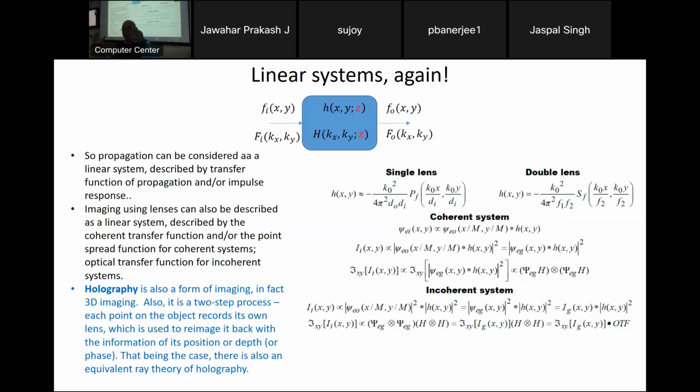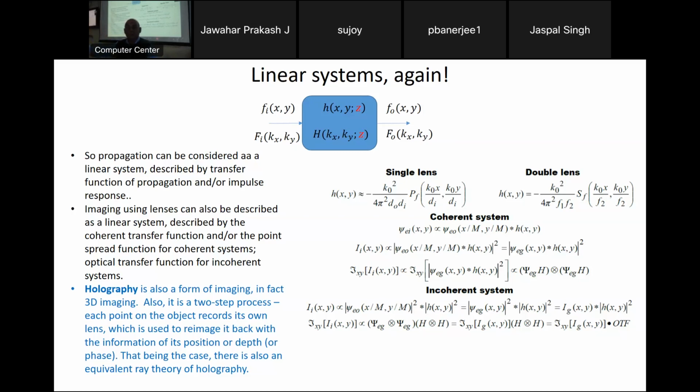That's really what it means. So if you have a point, remember, what's the Fourier transform of a point, or a delta function? It's 1, right? What the 1 means is that a whole bunch of plane waves are coming out from the point source at different angles, and each one of them has the same amplitude, which is 1. That's the plane wave decomposition of the point source. Some of the plane waves will make it through the lens, depending on the angle at which they come out.